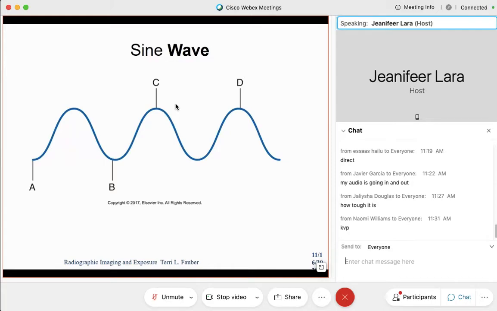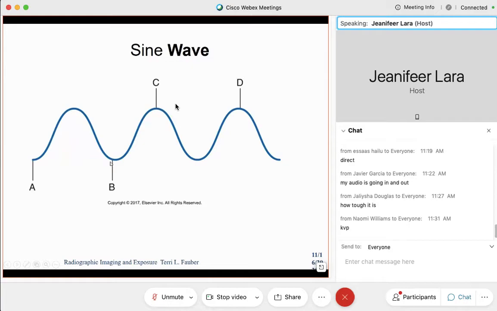At the very top, kind of like an ocean wave, we have the crest, C-R-E-S-T. So we have the trough and we have the crest.